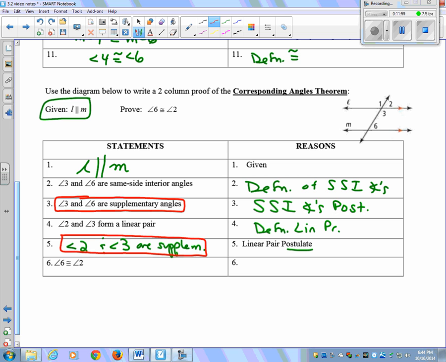But here we have 3 and 6 are supplementary, 3 and 2 are supplementary, which means 6 and 2 are both supplementary to angle 3. So we can say 6 and 2 are congruent to each other by the congruent supplements theorem. Congruent supplements theorem.